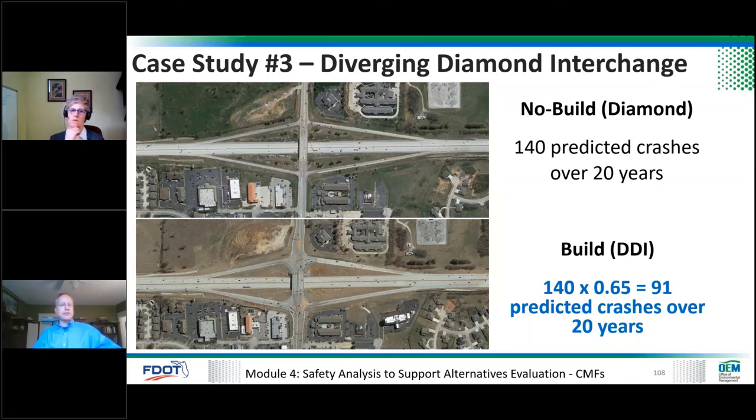Yes. So, for example, let's say that this interchange was being reconstructed in the middle of a freeway project. This is a prediction. The segment analysis for the freeway wouldn't necessarily use any CMFs. It might be all based on the predictive method, and not need to apply a CMF.